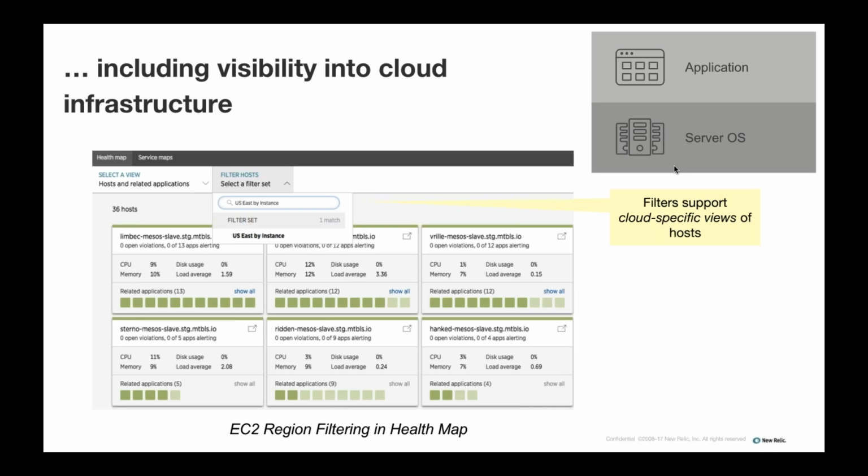So in both Service Maps and Health Maps, and especially in Health Maps, where you can create custom filter sets, you get all the metadata that you have in your cloud ingested into New Relic, so you can create those filter sets for the applications which are running in the cloud or in a hybrid environment, and Health Maps can show you where things are going south.